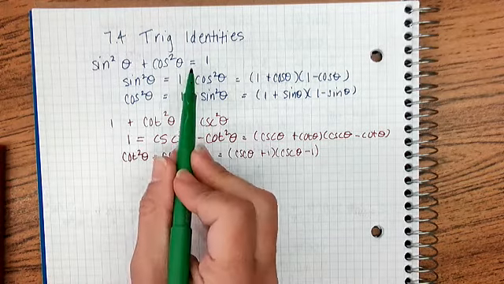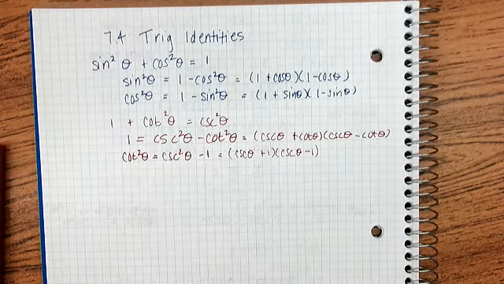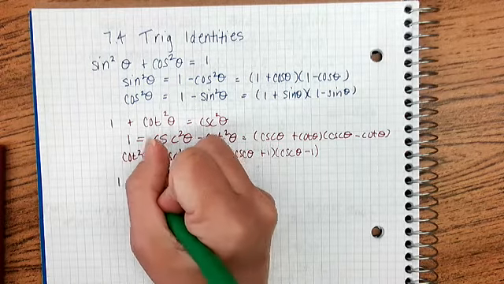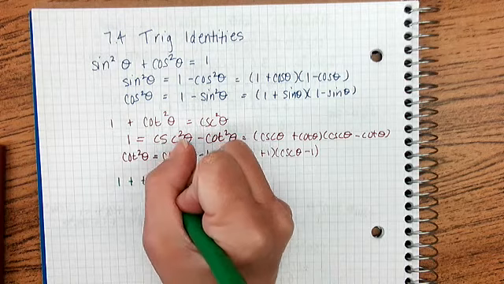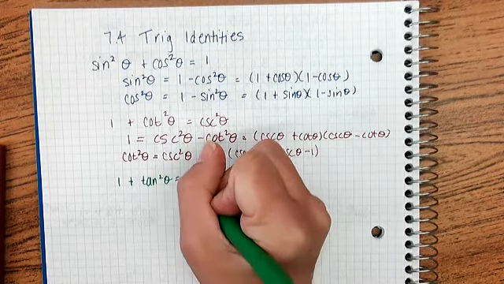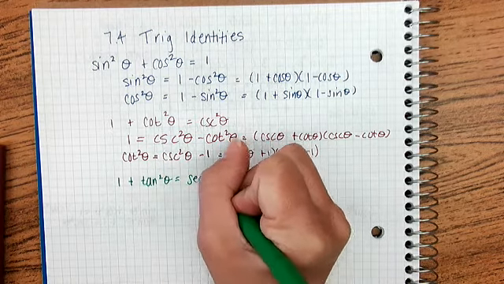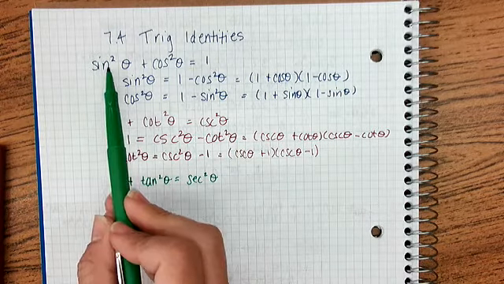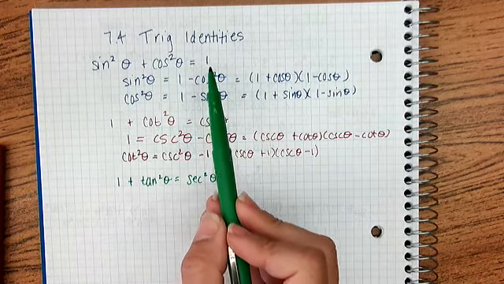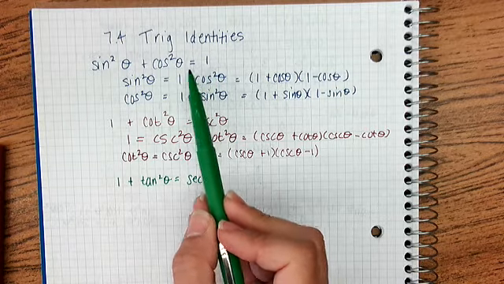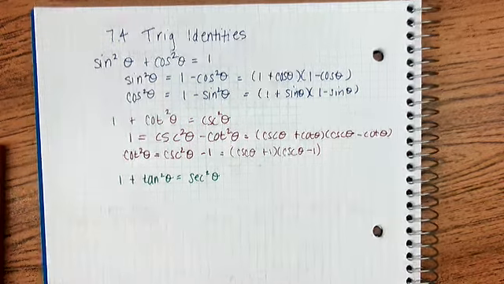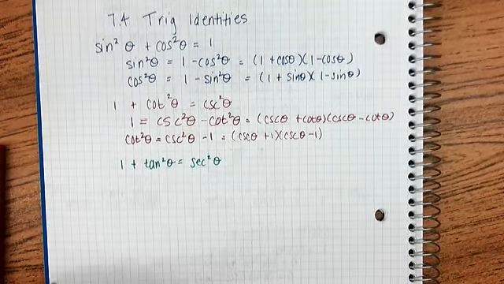You take the primary and you divide by cosine squared. You get 1 plus tangent squared is equal to secant squared. Again, a variation. Divide sine squared plus cosine squared equals 1 by cosine squared, and that gives you 1 plus tangent squared is secant squared.